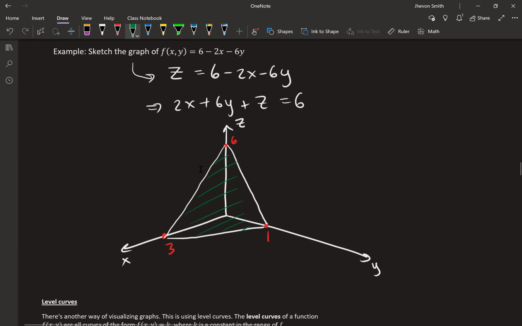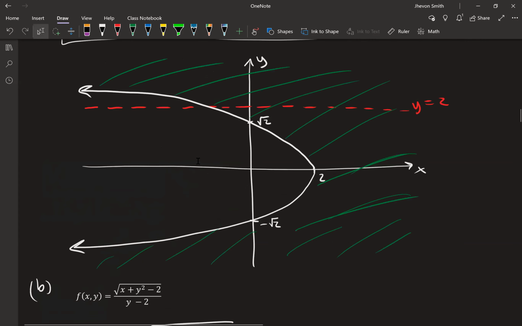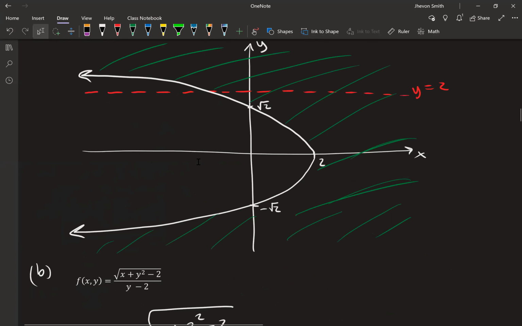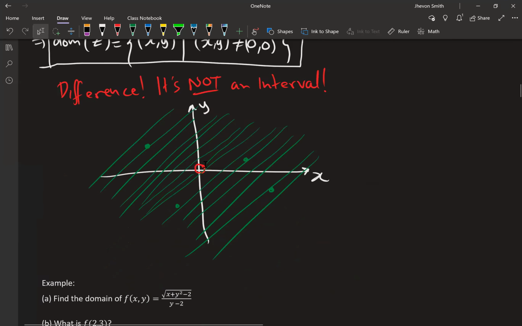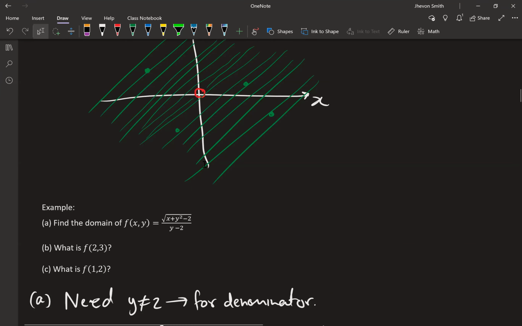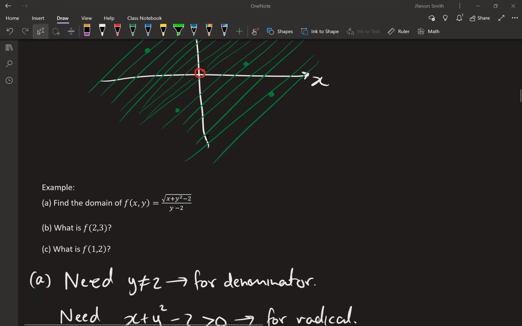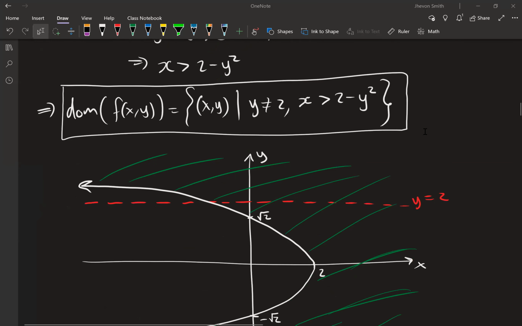So that's another thing. Domain and range work the way you would expect. You can still only plug in positive things inside a logarithm. You cannot divide by 0. Under a radical, you have to be greater than or equal to 0. All that stuff still holds true. The difference is your domain is not an interval anymore. It's now a set of coordinates. It's a two-dimensional thing.